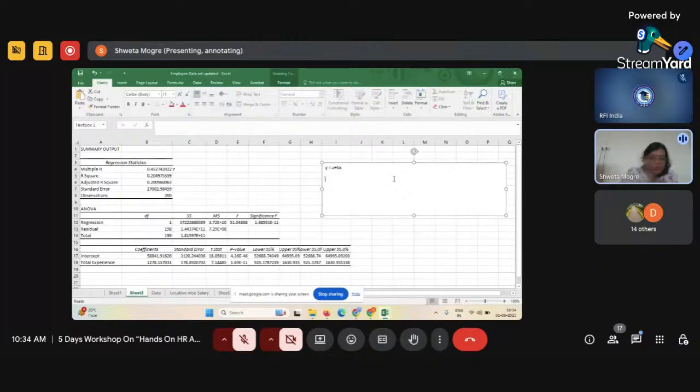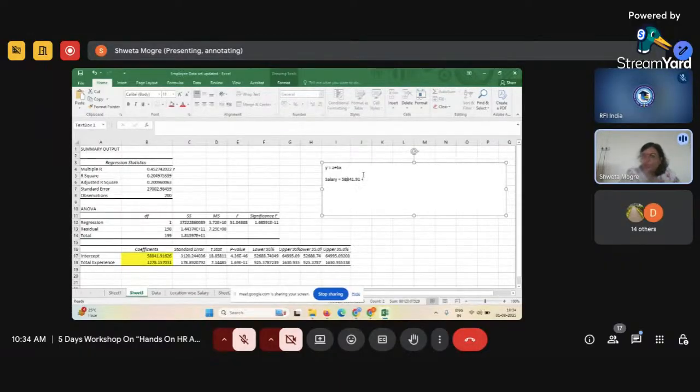Here, y is what? Salary. So salary equal to, what is my a? The value of intercept under the head coefficient. I'm highlighting these two values. Please acknowledge. So what is the value of a? 58,841. Okay, I'm taking values up to 2 decimal places.